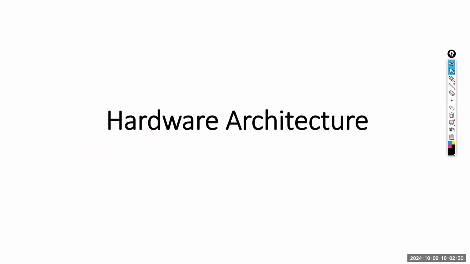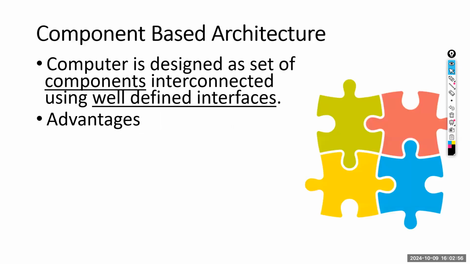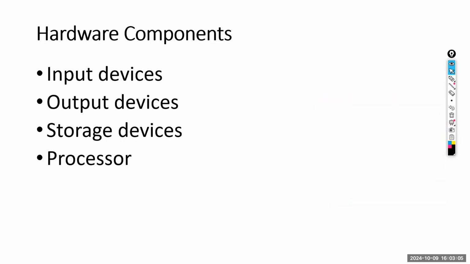Right, so then we moved on to hardware architecture, and we are in the middle of hardware architecture. Computers use component-based architecture for ease of manufacturing, ease of design, ease of troubleshooting, and so on, upgradability. And we use von Neumann architecture.